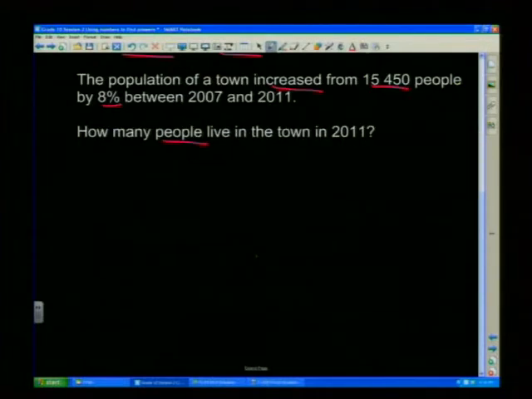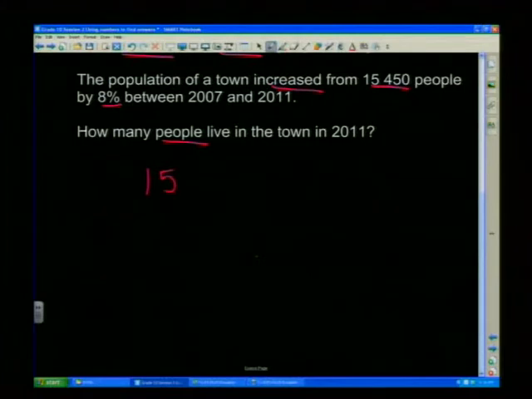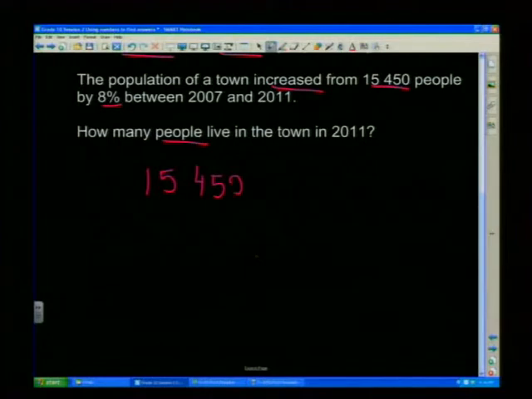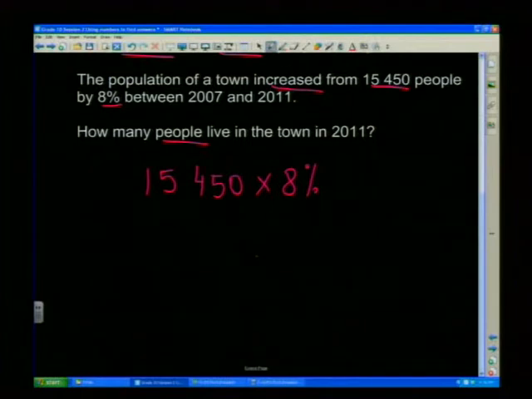So how are we going to do this calculation? First of all, I'm going to show you two ways of doing it. I'm going to start with my 15,450 people, and work out what 8% of that is, and get an answer. So I'm first just working out the fraction.